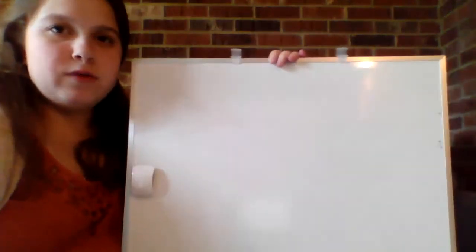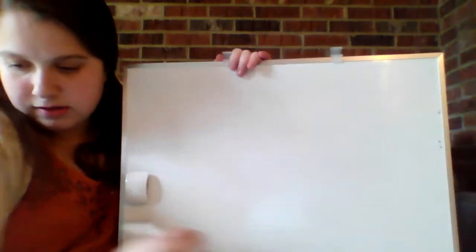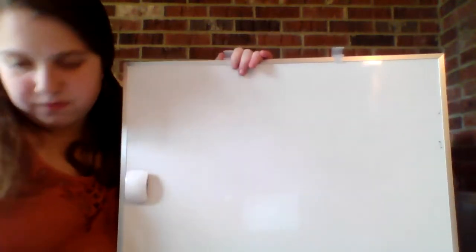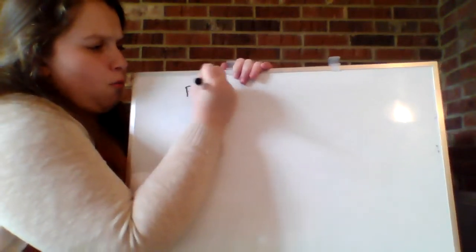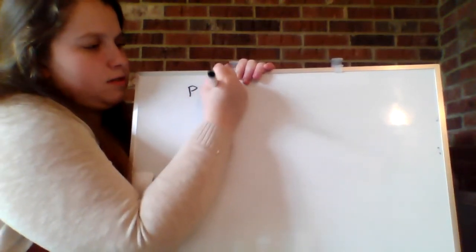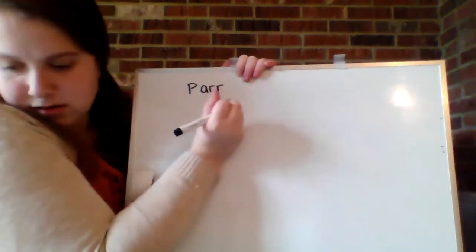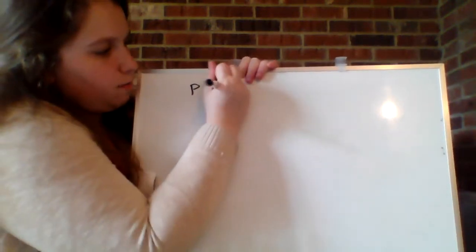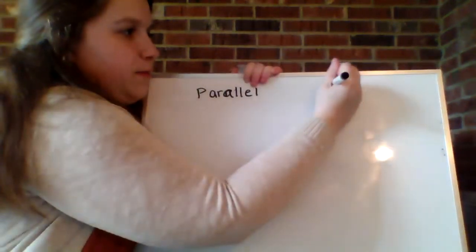Before we wrap up, the last thing we've got to talk about is parallel versus perpendicular lines. So we have these words that we use to help us describe our lines. They are parallel and perpendicular.